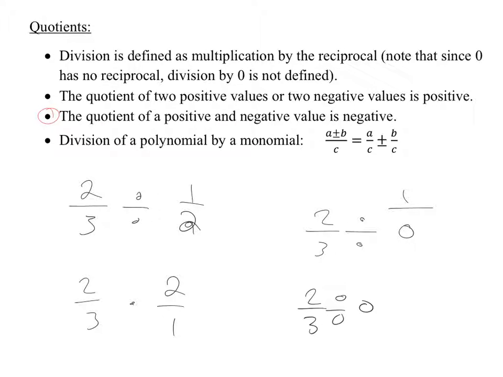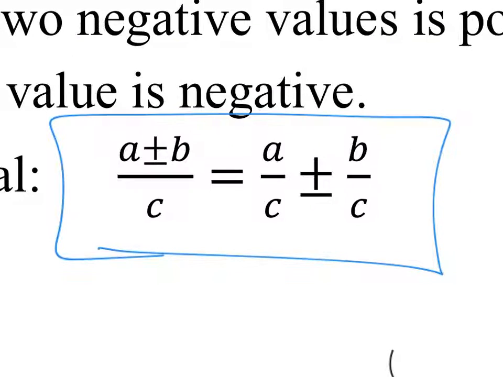Division of a polynomial by a monomial. Okay, so let's talk about this one for a sec. This is one that seems to throw students for a loop. When you divide by a monomial, you have to divide into every single term of the numerator.